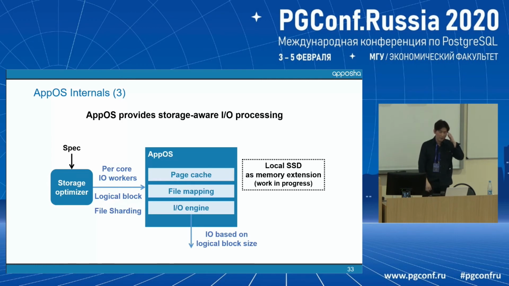Okay, the final part is about storage-aware I/O processing. As I explained a little before, we have a storage optimizer module. It gets the spec from the user: the infra type, storage type, storage capacity, storage IOPS, and storage throughput.